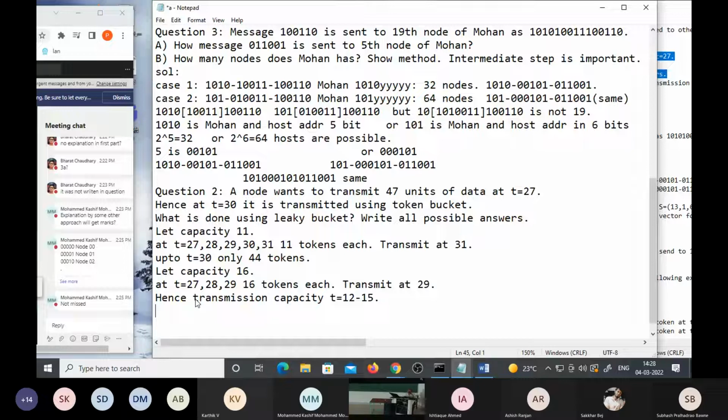So, in leaky bucket, at t equal to 27, 28, 29, 12 data is transmitted.